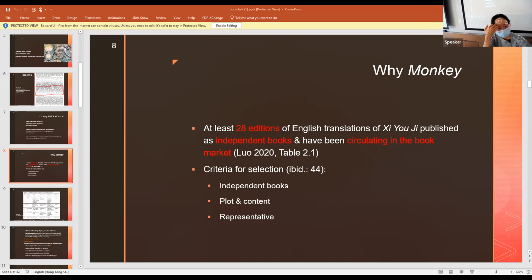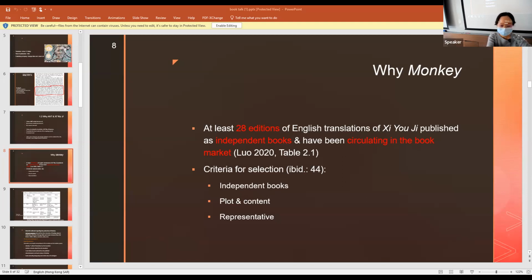But to my surprise, I found at least 28 editions of English translations of 西游记, and they were not even excerpts included in books such as anthologies. They were books published separately and independently, circulating in the book markets at that time.